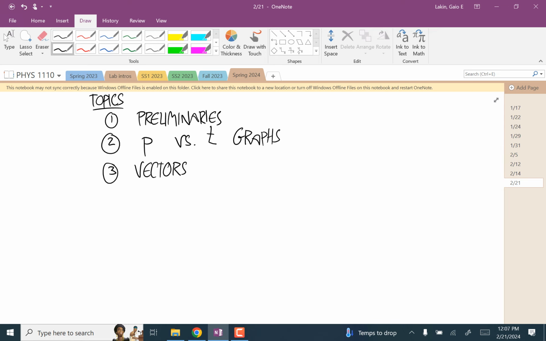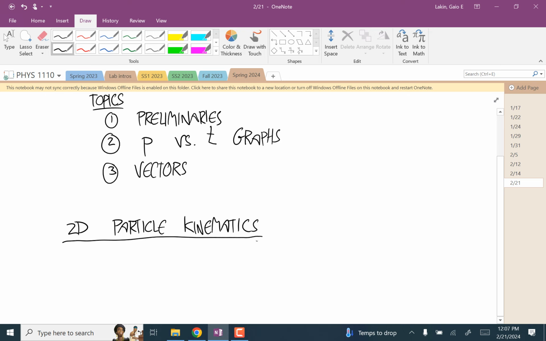And then what we've been working on, we started talking about 2D particle kinematics. And so now we're doing everything with vectors. And what we worked to eventually was the 2D constant acceleration equations.